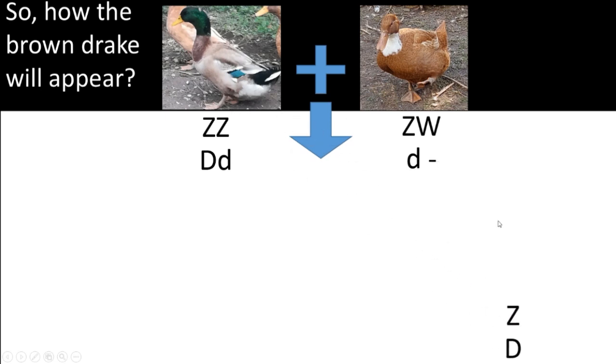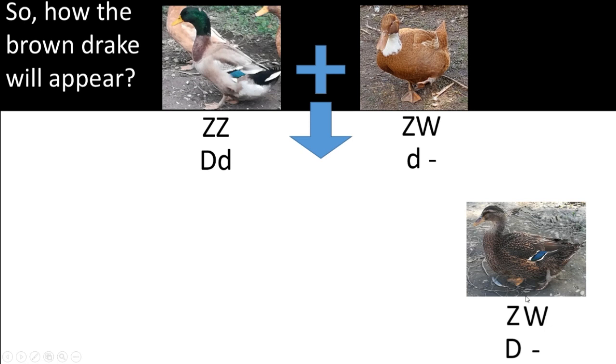So let's put them together. The drake will give the Z with original non-brown, and the female gives the W with no colors. So that creates a wild colored female, based on a Z and W, with no brown gene.